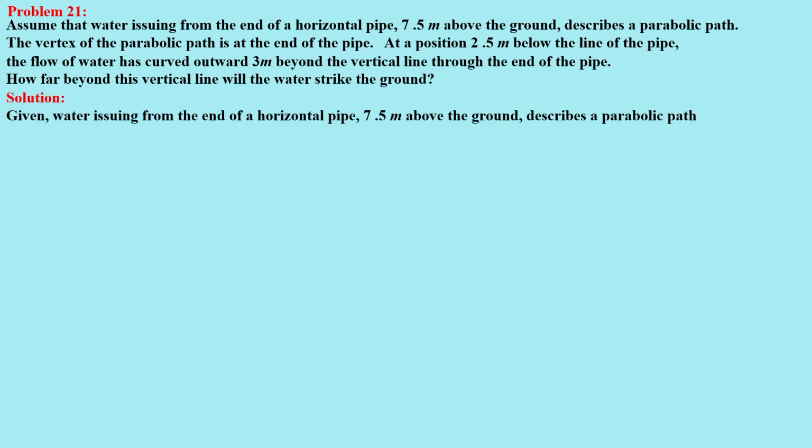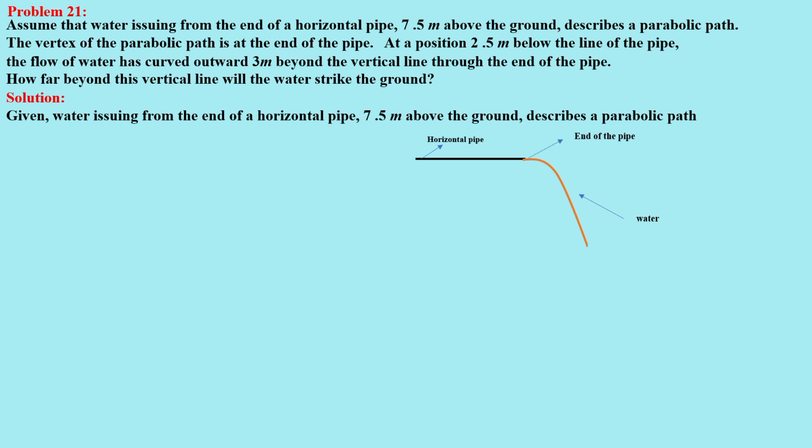We'll see. Given water issuing from the end of a horizontal pipe 7.5 meter above the ground, describes a parabolic path. So this is the horizontal pipe, and the water is in the orange color. So this is the end of the pipe.